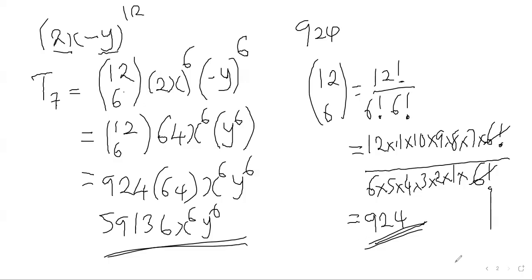So the term independent of x, let's suppose we have, let me add this. For example, you have this question here. You have (1 plus x) to the power 3.